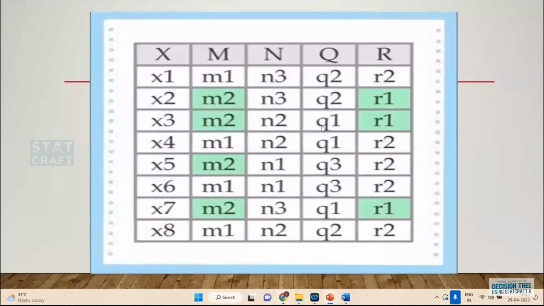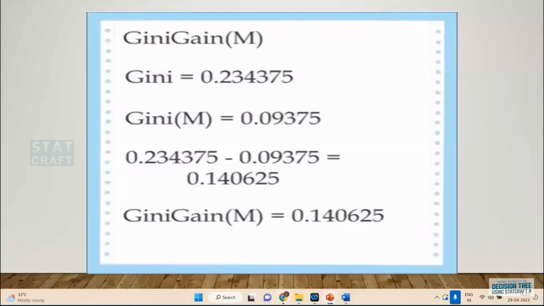On that basis, the Gini is calculated. So we will calculate Gini of M, Gini of Q, and then we will calculate Gini gain. Gini gain is the total Gini minus the Gini of M, and we will get the Gini gain of M, that is, how much this particular variable is able to explain.